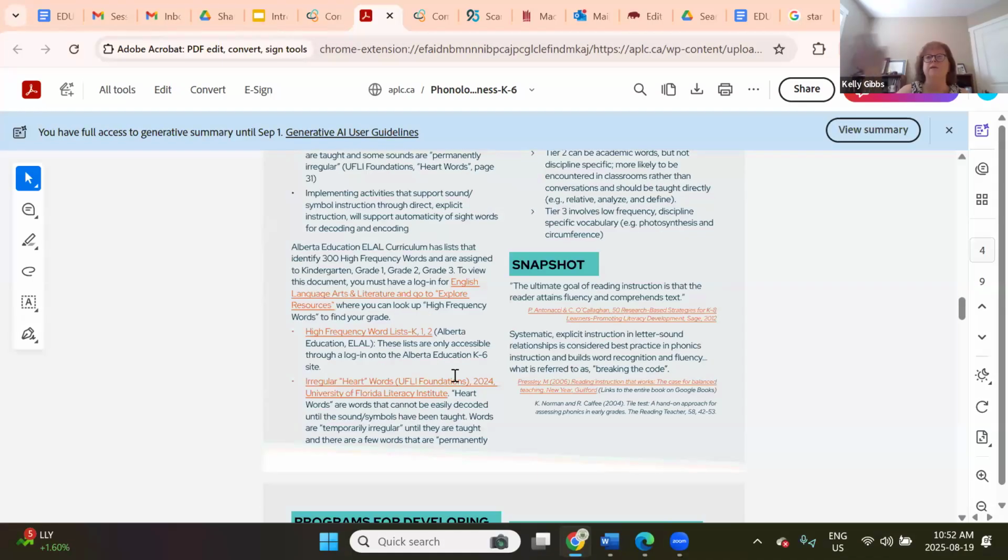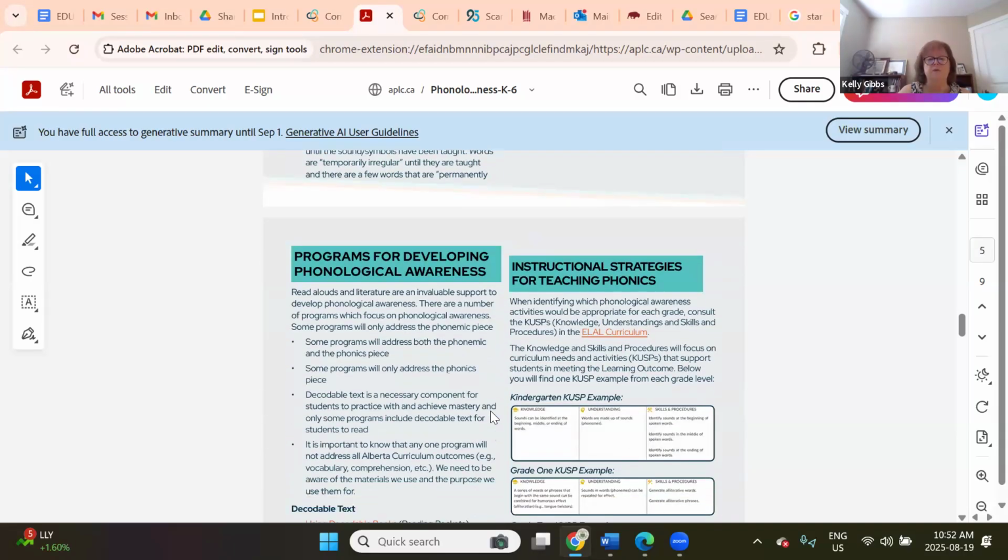So as Irene had mentioned in the other types of work that we did in the literacy guides, there is a similar pattern that we've used.